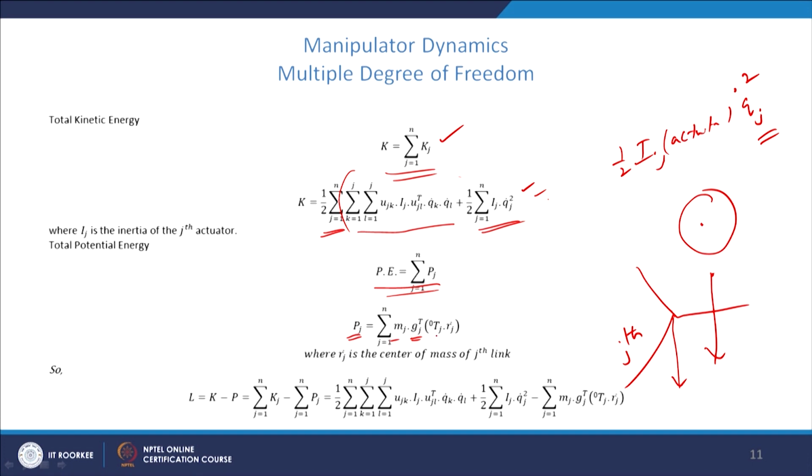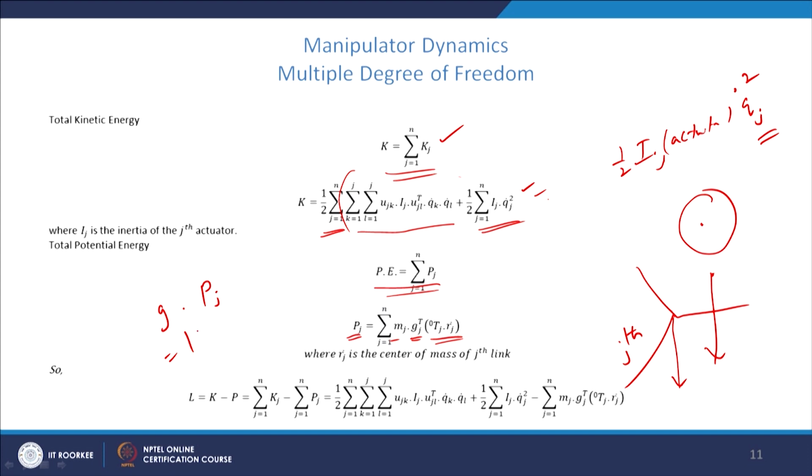So, mass into gravity into height, the height is given by the gravity vector dot product the Pj vector with respect to the base frame, 0Tj into Rj. So, that gives the height.